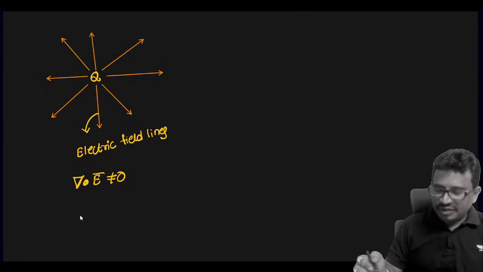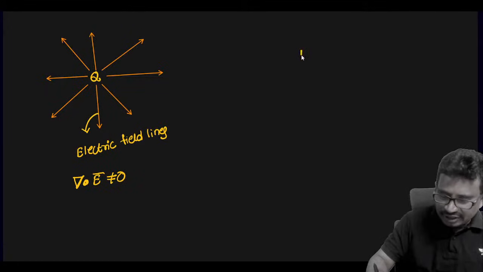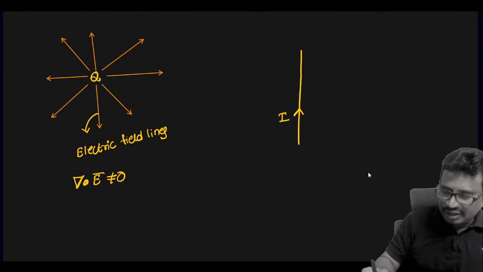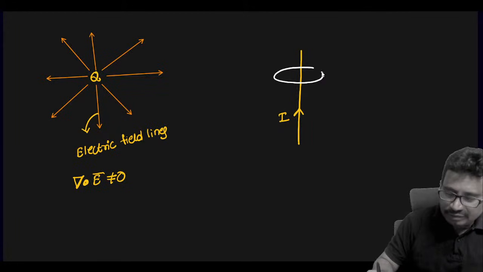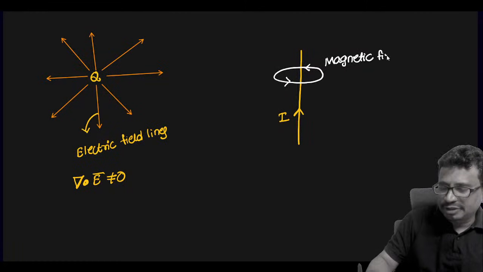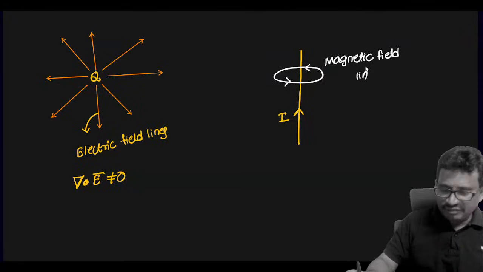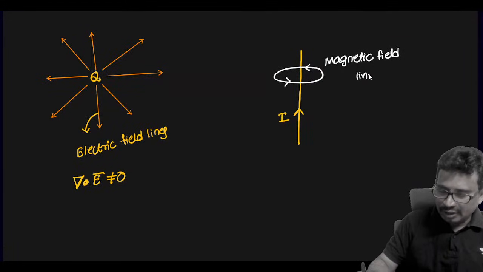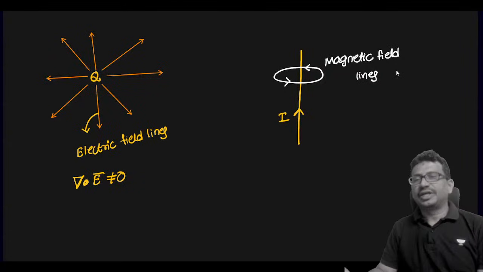Understood? Whereas when you have considered a conductor, if there is a flow of current through the conductor, we have magnetic lines. How are the magnetic lines? These magnetic field lines are around this conductor. Are these magnetic lines leaving from this conductor?